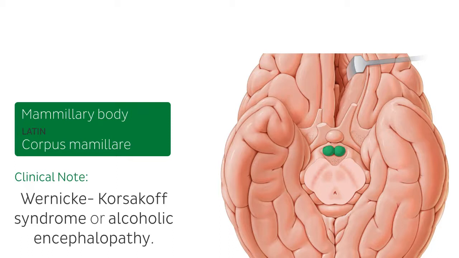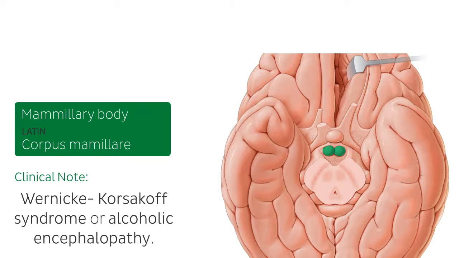Now, the patients who suffer from this disease demonstrate changes in mental state, amnesia, and ataxia. The most prominent pathological finding in these patients is the marked degeneration of the mammillary bodies. The symptoms of this entity can be explained by the multiple connections of the mammillary bodies with the limbic system and the midbrain.